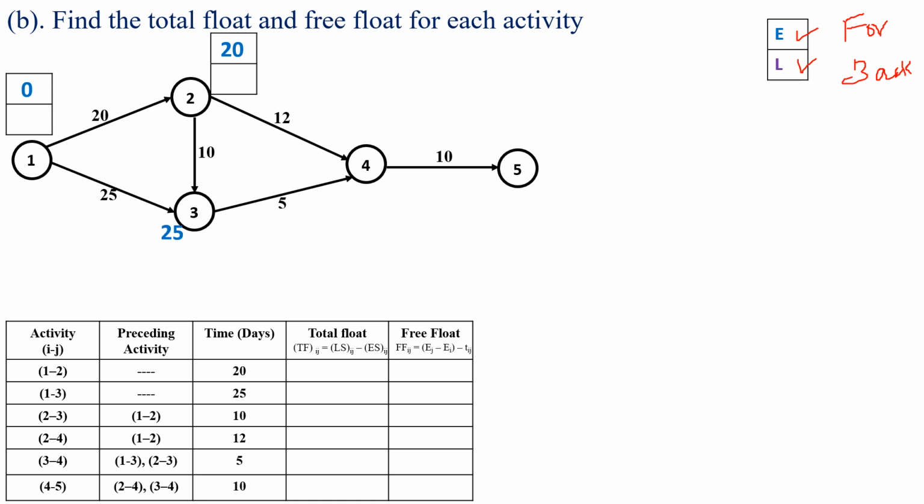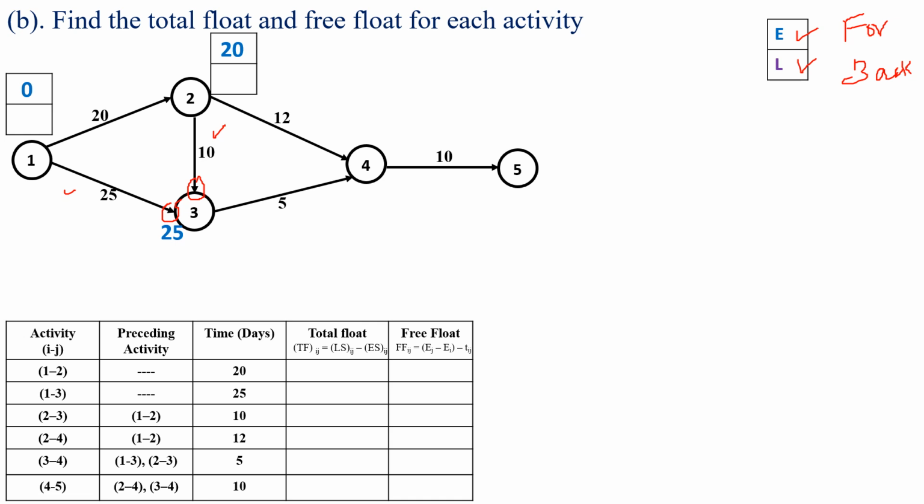Here observe that event 3 is the merge event for the activities 1 to 3 and 2 to 3. In the forward pass method, we have to consider the earliest finish time at the merge event, which is equal to the maximum earliest finish time of the activities.